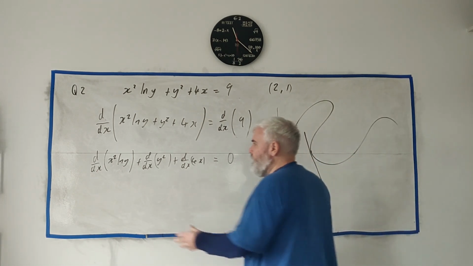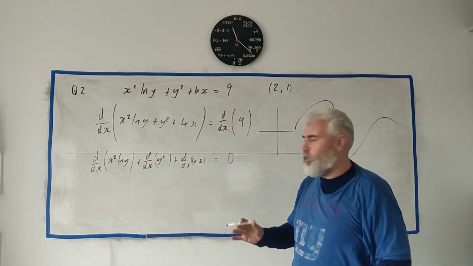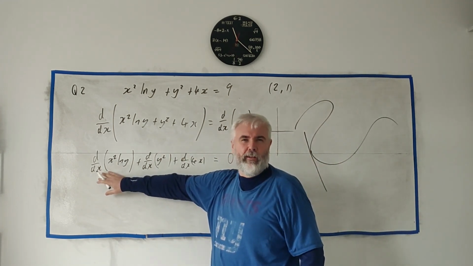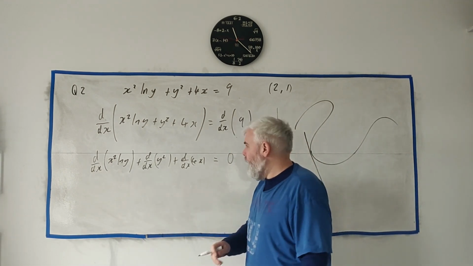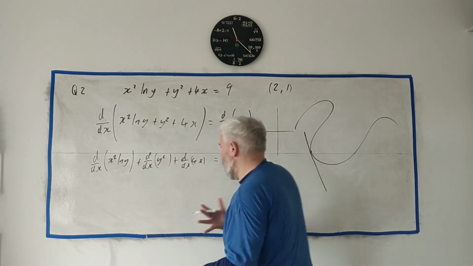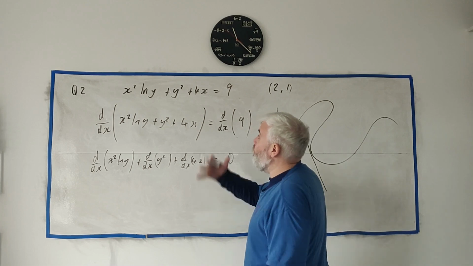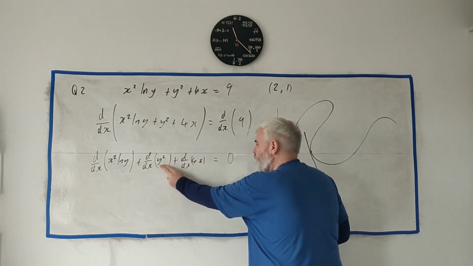Okay, these are all quite difficult. I'm going to do the middle one here first. I'll do that one a bit slower and I'll do this one a little bit quicker. To do this, we're going to use the chain rule because we can't differentiate y by an x. They're different. We could just do y by dy dx, right? But this is y squared. So how are we going to do that?